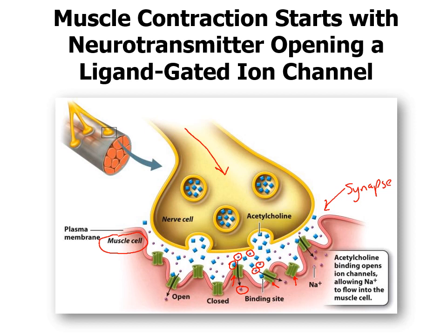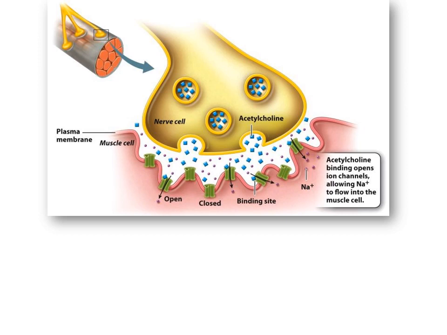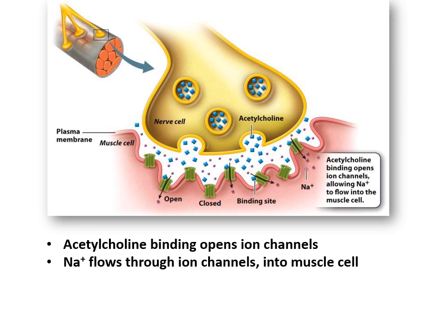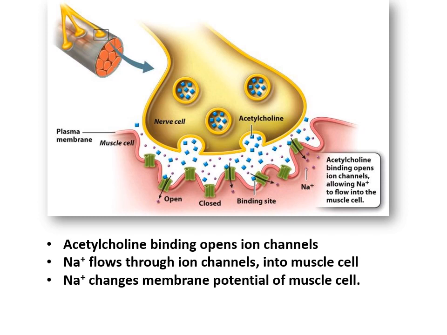So I said there were a couple steps before we get to calcium. Let's look at calcium then. Here's a summary. Acetylcholine binding opens the channels. Sodium flows through. Sodium changes the membrane potential of the muscle cell, not the neuron, but the muscle cell. We've got positive ions flowing in, so it changes the potential across that membrane.